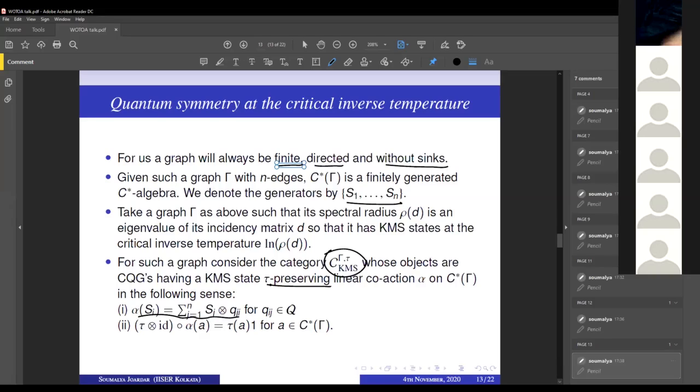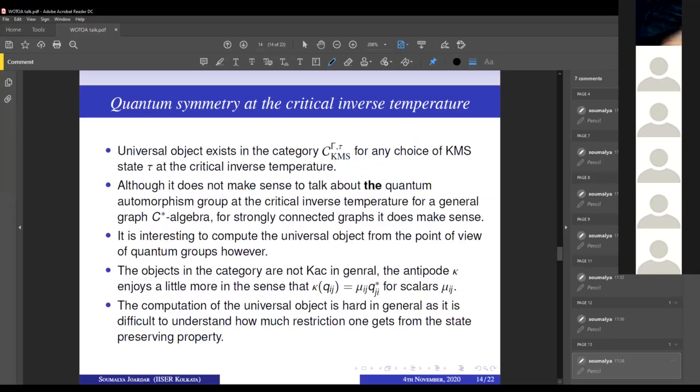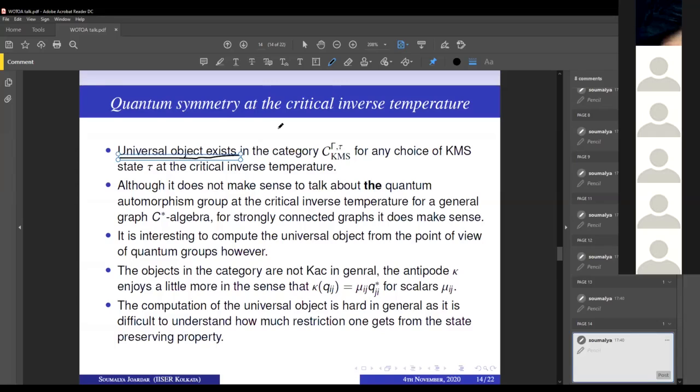So we are concentrating on the category of compact quantum groups which have a linear coaction, and it preserves a KMS state at the critical inverse temperature. Okay, and then one can prove that a universal object exists in the category. The proof is quite generic; it is already there in the literature in some sense.